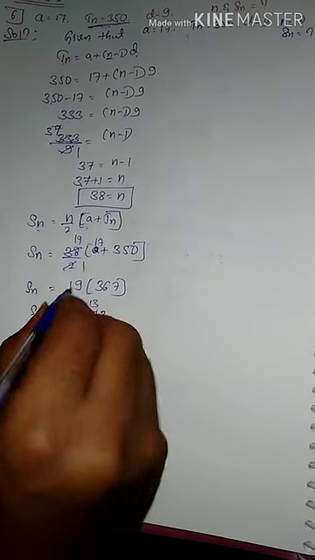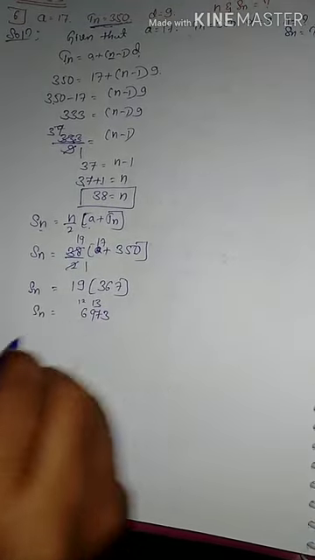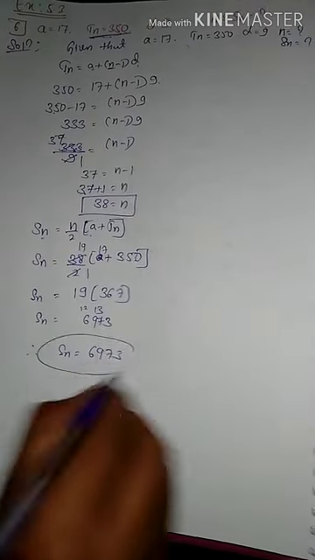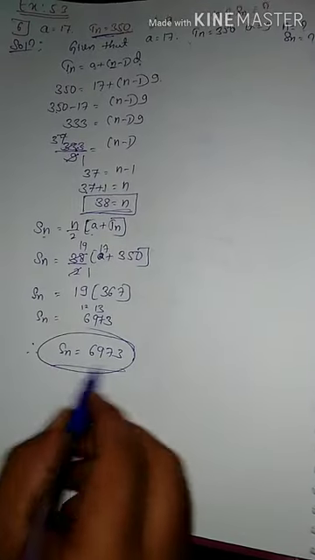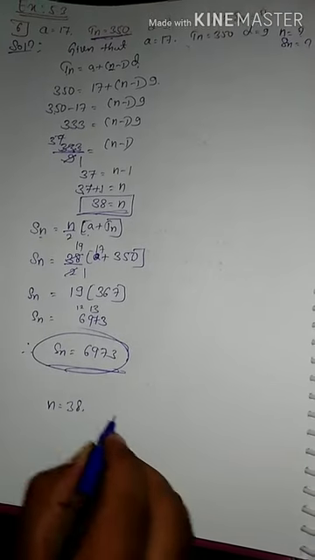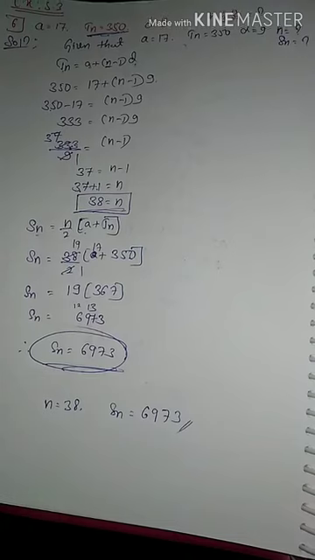So 12 is remainder. 19 3s are 57. 57 plus 12 is 69. Therefore Sn is equal to 6973. So the number of terms is 38 and the sum of n terms of an AP is 6973. Hence n is equal to 38 and Sn is equal to 6973.